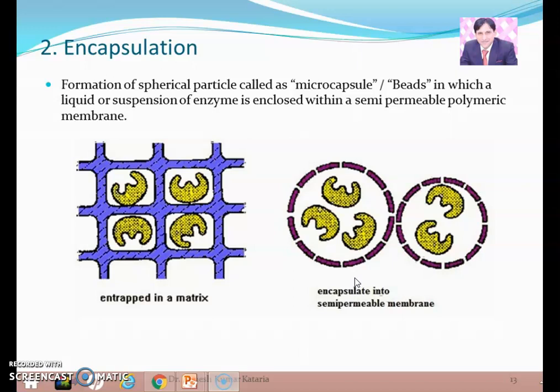This forms spherical particles, also called microcapsules or beads, in which the enzyme is enclosed within a semi-permeable polymeric membrane. How does the enzyme react? Substrate enters this semi-permeable polymeric membrane, reacts with the enzyme and is converted into product, and the product is released from the surface, whereas the enzyme always remains in the coating material.